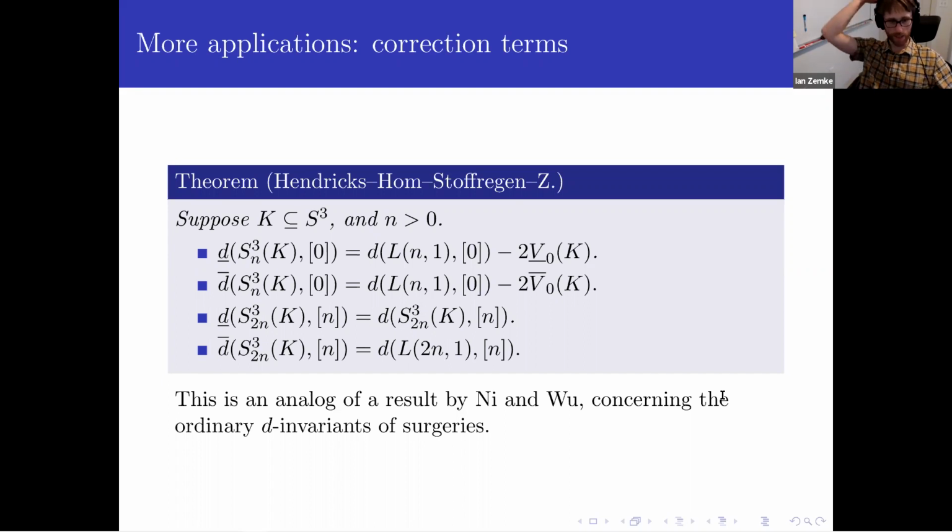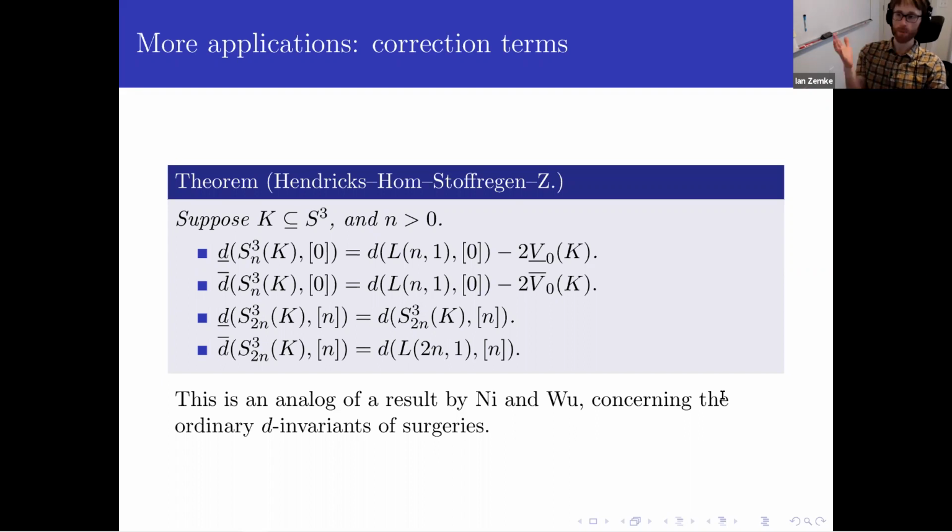And I guess one moral reason that one can see this is that there's this paper by Ni and Wu where they showed that the D invariants of surgeries on knots in S3 didn't really depend on the surgery coefficient you took. It was all just determined.